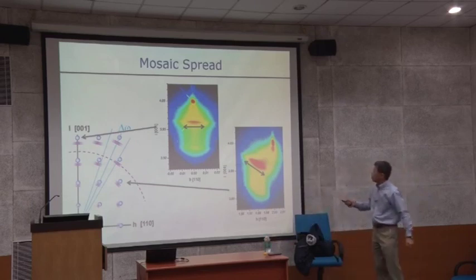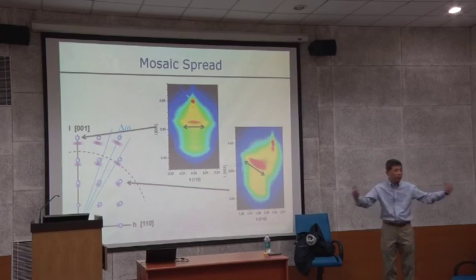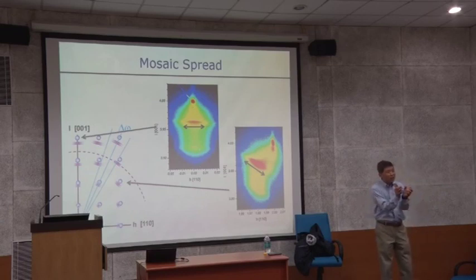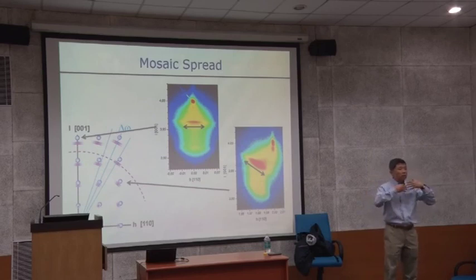Okay, so this is a mosaic spread. You can actually see how much mosaic spread there is. In this direction, you get information about your size. Your grain size gets smaller and your thickness gets thinner, so the Bragg interference cannot cancel completely.